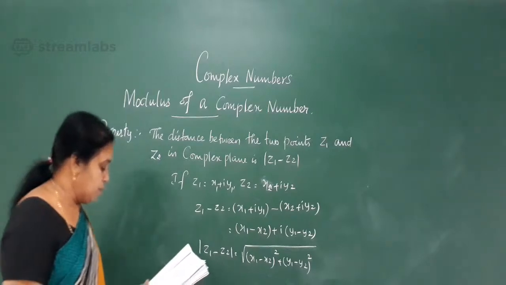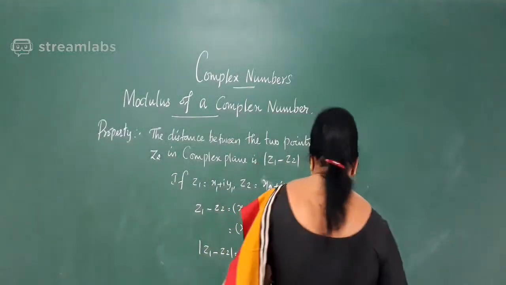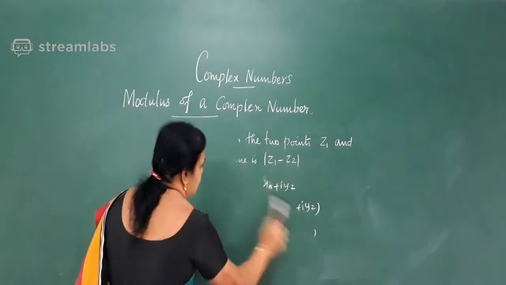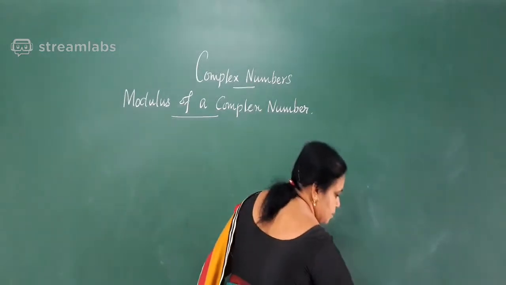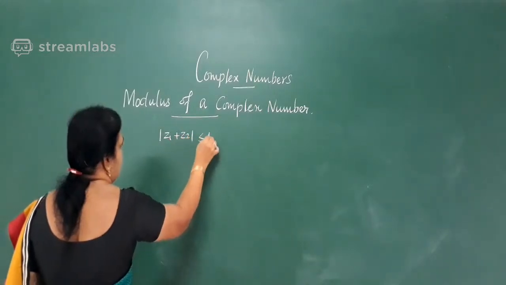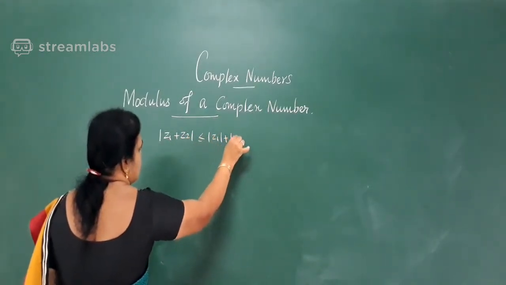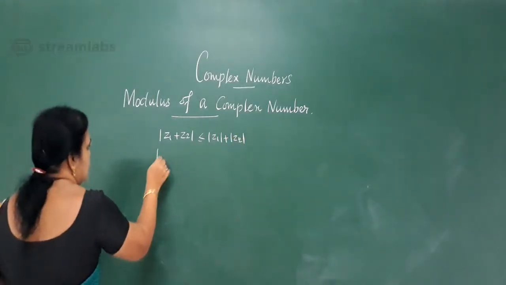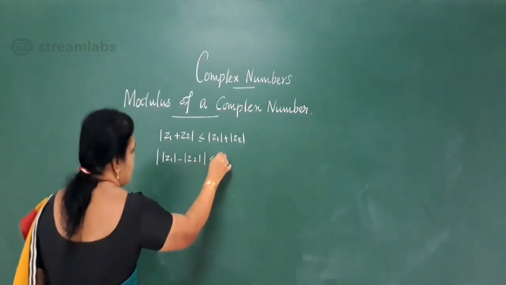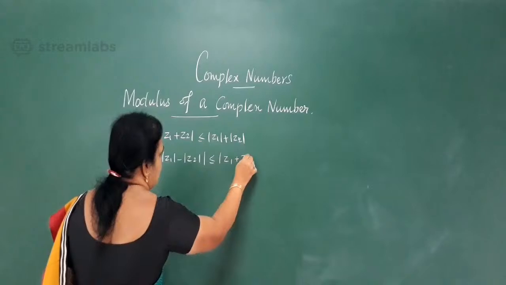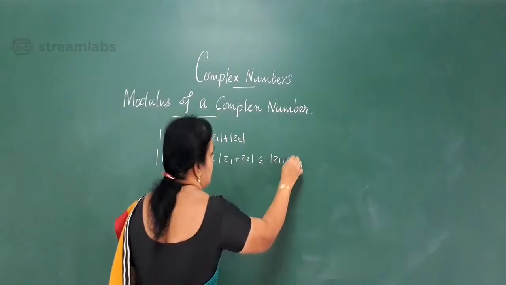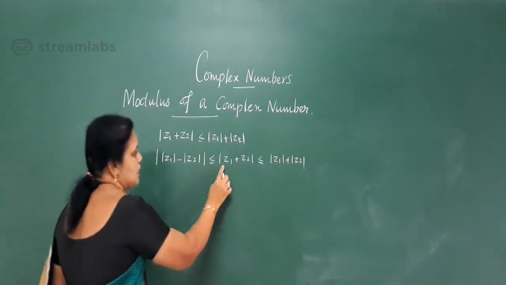Okay, next from this we can take 3 properties. Already we have seen modulus z1 plus z2 is less than or equal to modulus z1 plus modulus z2. Also, modulus of modulus z1 minus modulus z2 is less than or equal to modulus z1 plus z2, which is less than or equal to modulus z1 plus modulus z2. This is the triangle inequality.